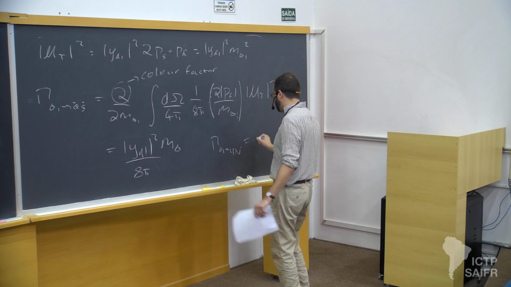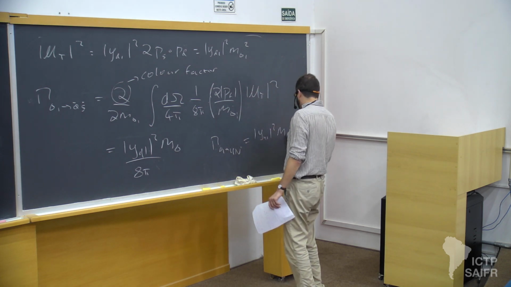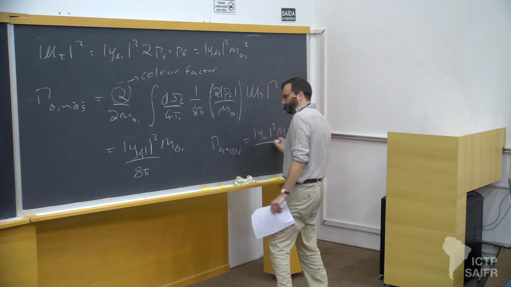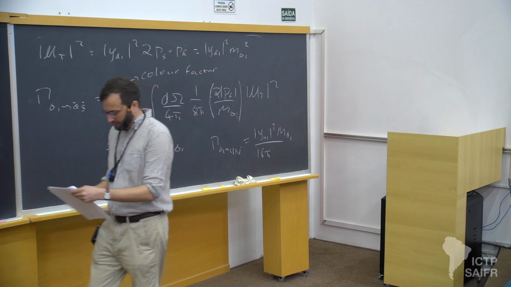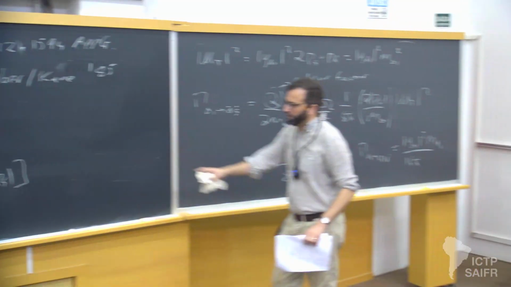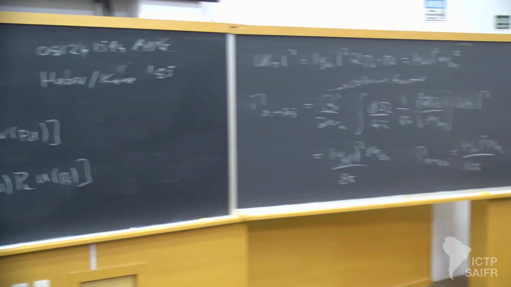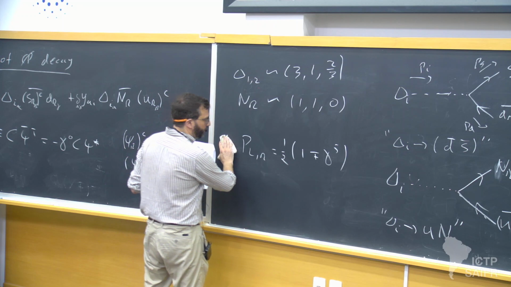You have everything the same, a different Yukawa coupling, but you don't have this color factor. So you'll just end up with a 16 pi, okay? These are the tree level decays, just to show you that nothing mysterious is going on with these charge conjugation matrices and conjugate operators.